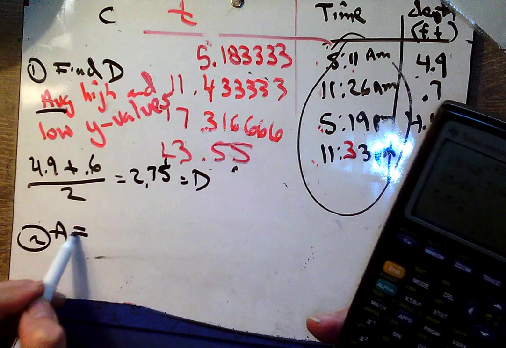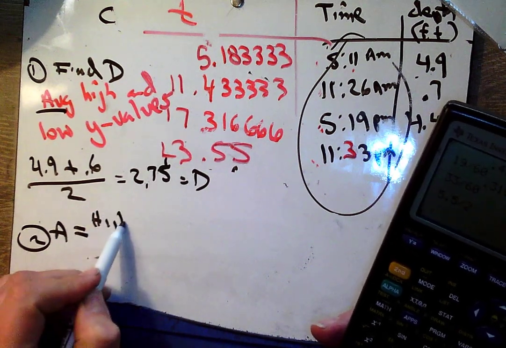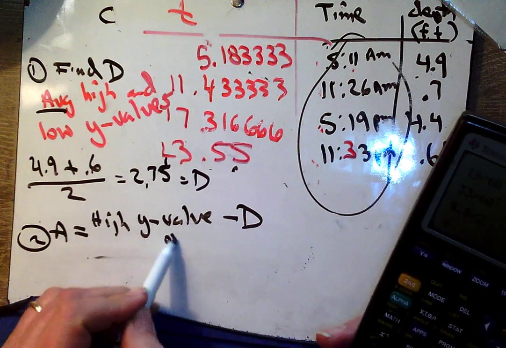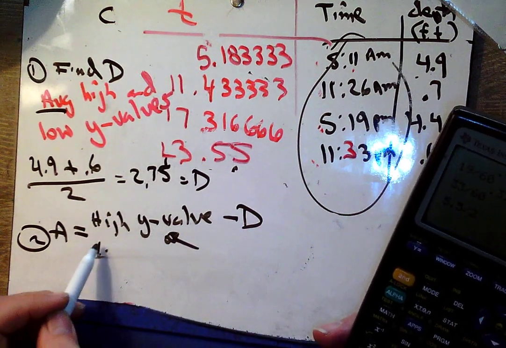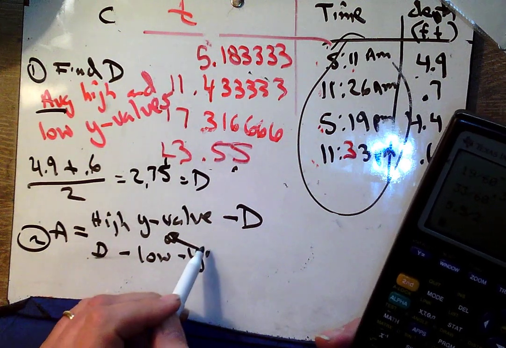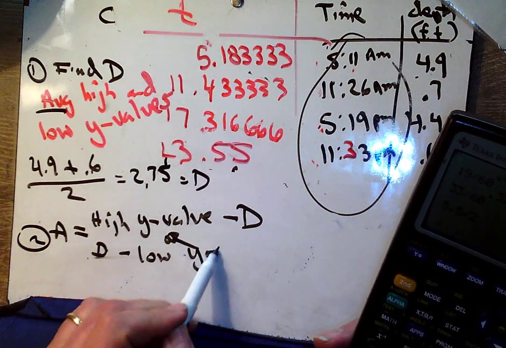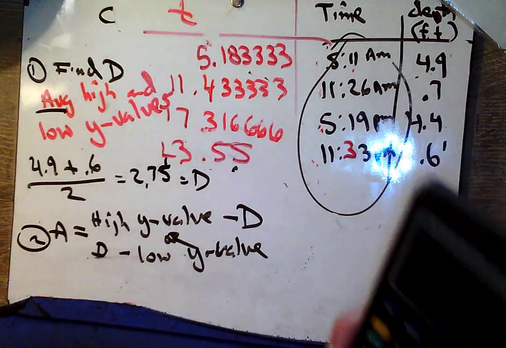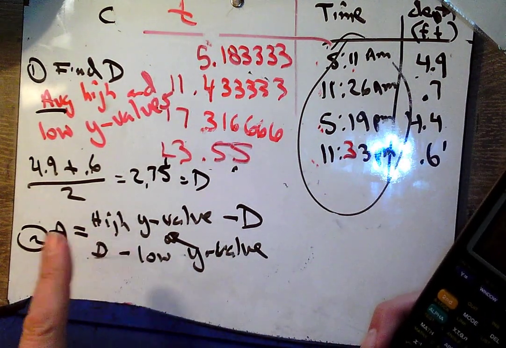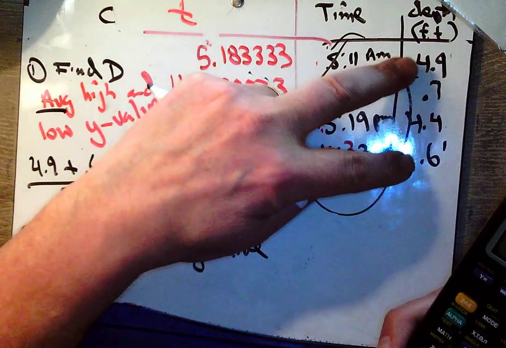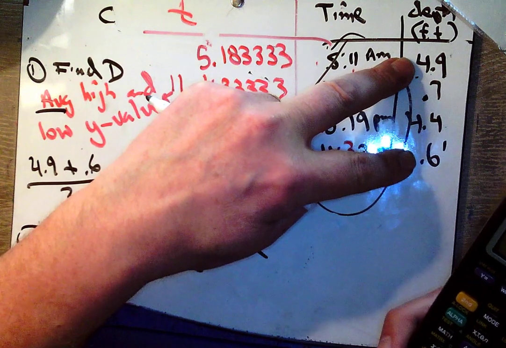Now my A value, 2. A is going to be high y value minus D, or D minus low y value. Okay, so if I started with these as my high and low y, I'm going to keep using these.